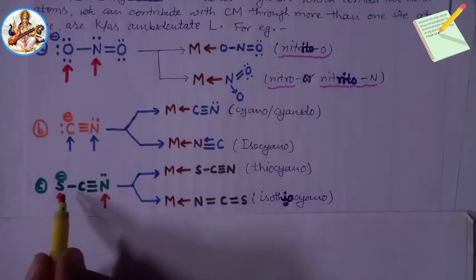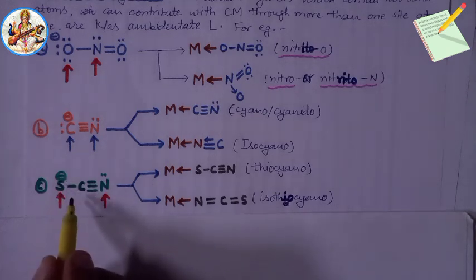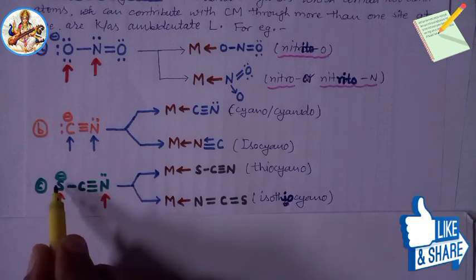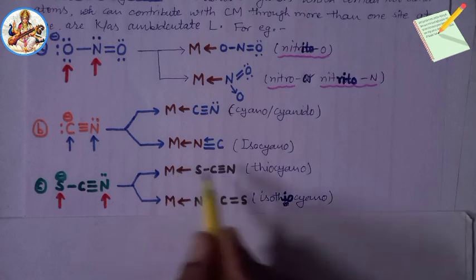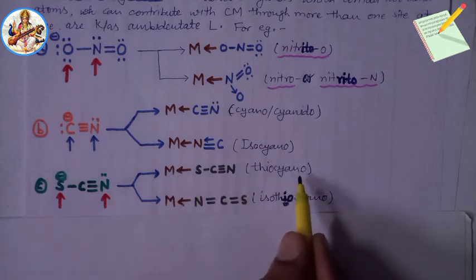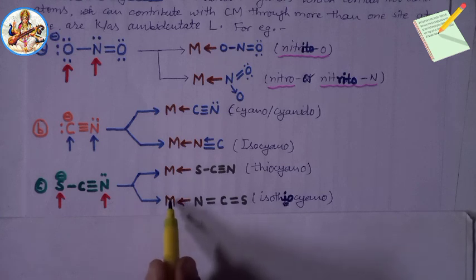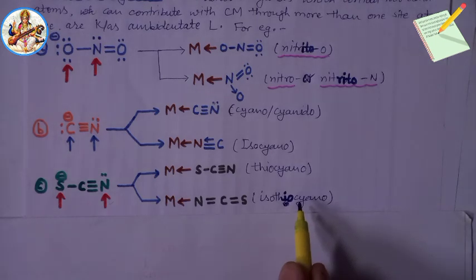Similarly, thiocyano SCN minus also has two donor atoms, sulfur and nitrogen. When sulfur is attached with a central metal, it is known as thiocyano, whereas when nitrogen is attached with the central metal in the coordination compound, it is known as isothiocyanate.